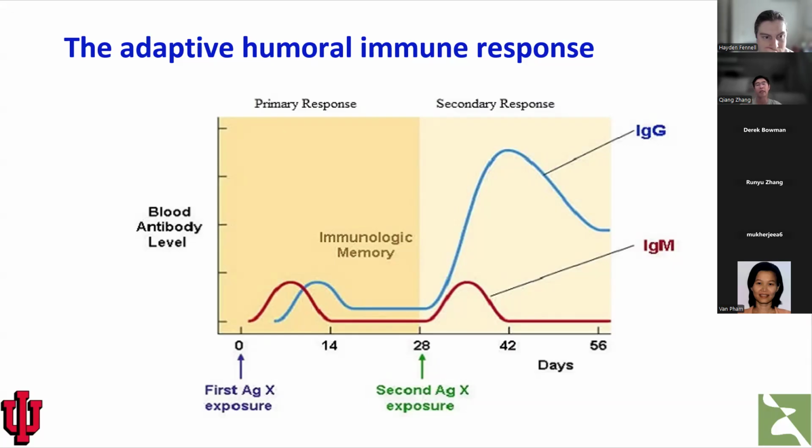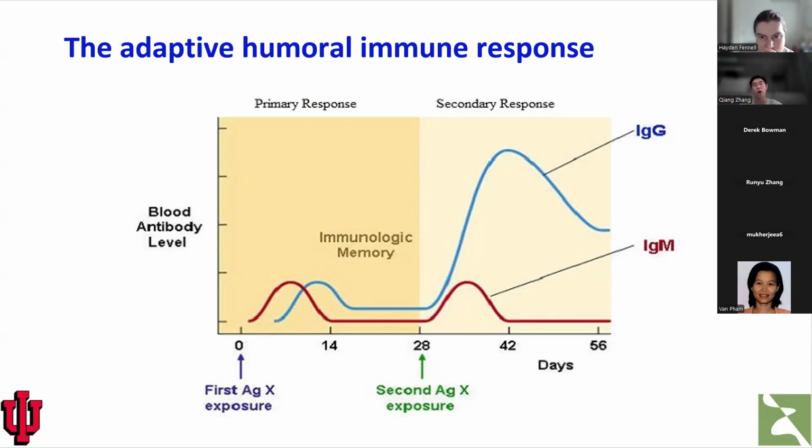In this case, mostly shown as the blue line over here, which is the IgG. And these IgG antibodies are of higher affinity. So they have a higher binding affinity for the antigen or the pathogen and are able to neutralize them more efficiently. As a result, these pathogens are going to be annihilated, and then we recover from the infection.